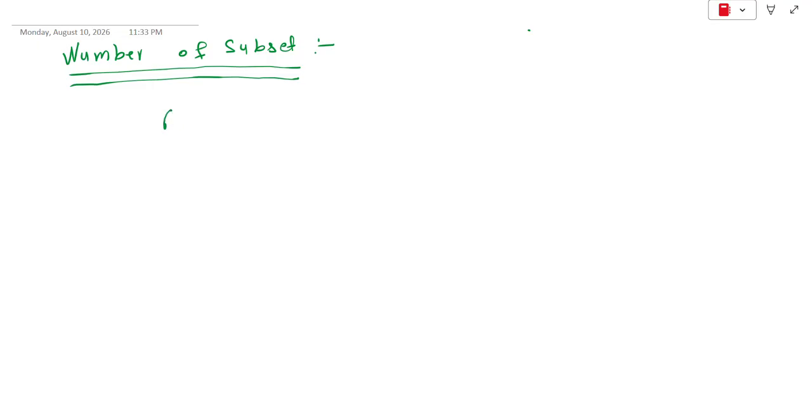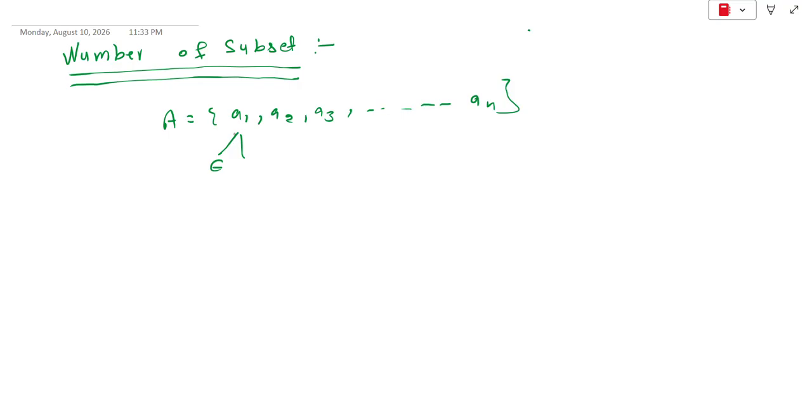So write A is equal to {A1, A2, A3, up to An}. Every element has two choices. First, A1: is it included in the subset or not?